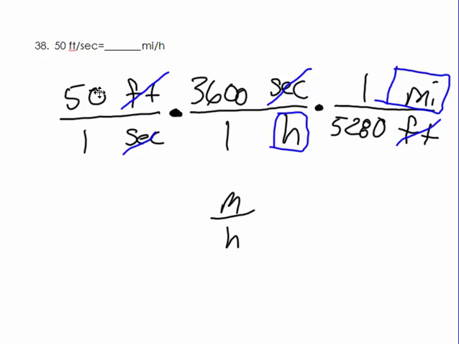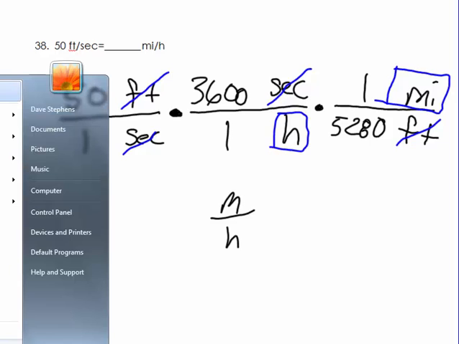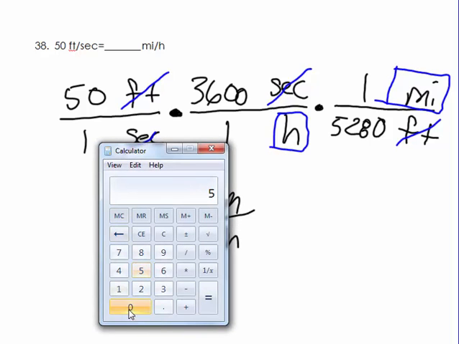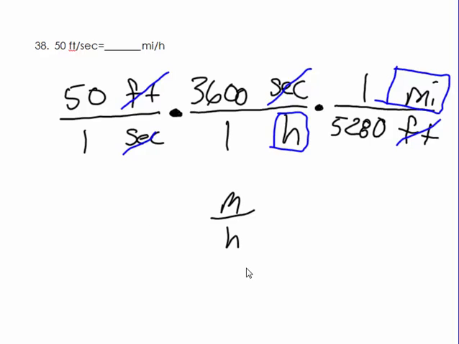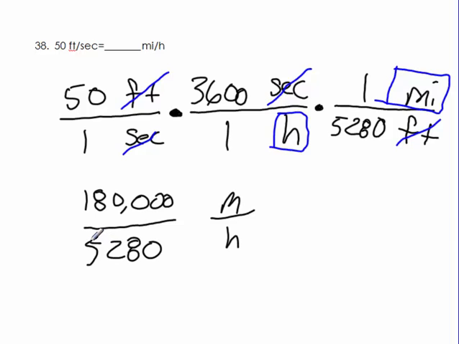Now, when we multiply fractions across the top and across the bottom, 50 times 3,600 times 1, I have to do in my calculator. 50 times 3,600 is 180,000. So I have 180,000 over, and 1 times 5,280 is 5,280.